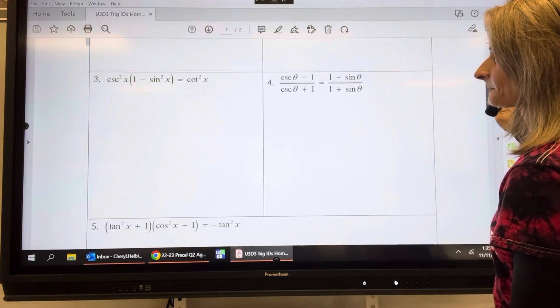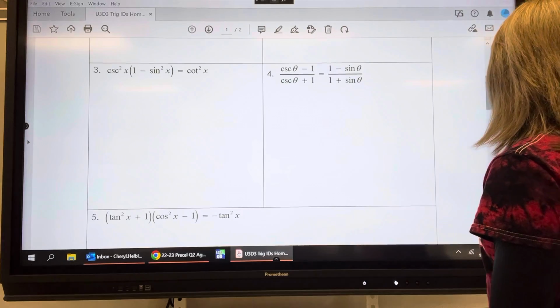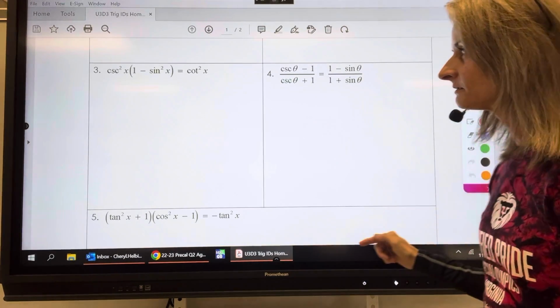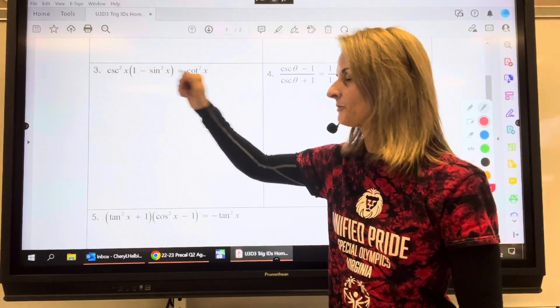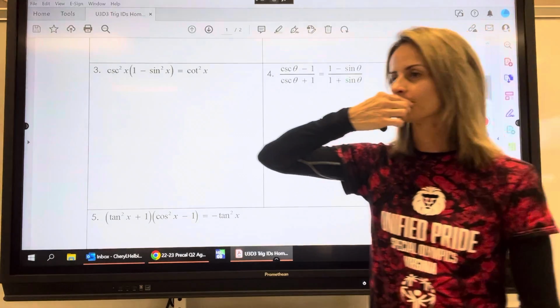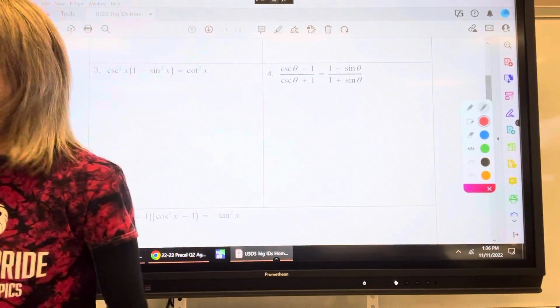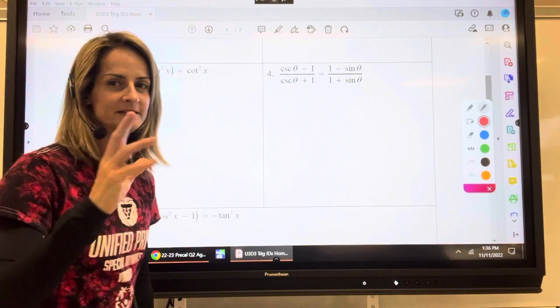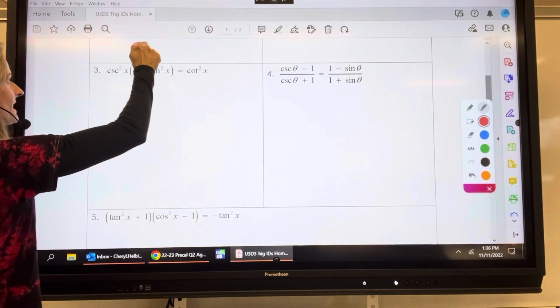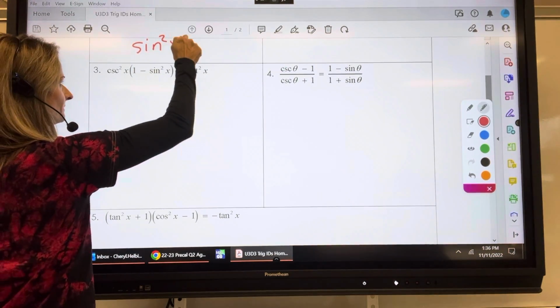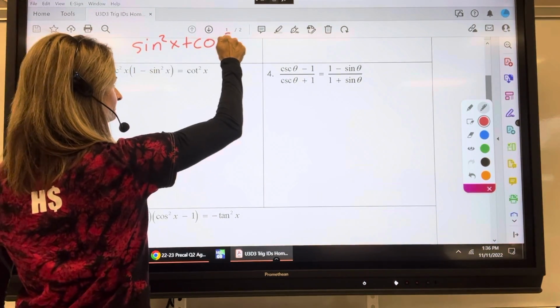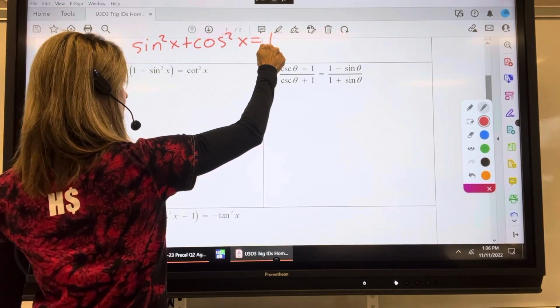Number 3. Does anyone notice anything about number 3? Parentheses. Okay, what's inside the parentheses? What does it look like? Yeah, cosine squared. Yes, because the sine squared of x plus the cosine squared of x equals 1.